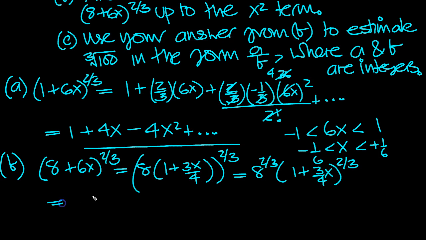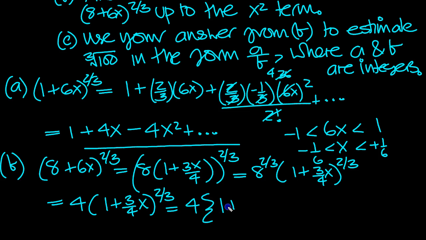So that equals, the cube root of 8 is 2, and 2 squared is 4. And it's (1 + 3/4 x) to the 2/3, which equals 4 times 1 plus nx, n is 2/3.